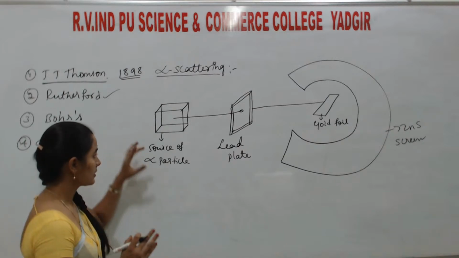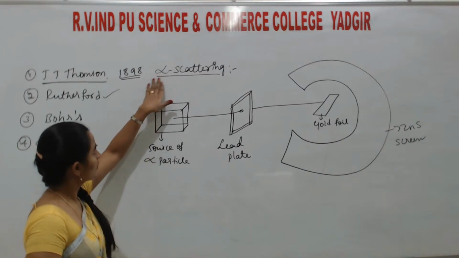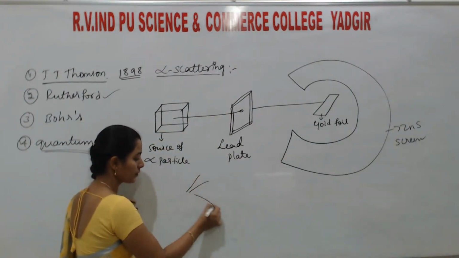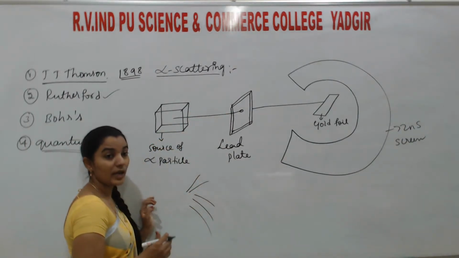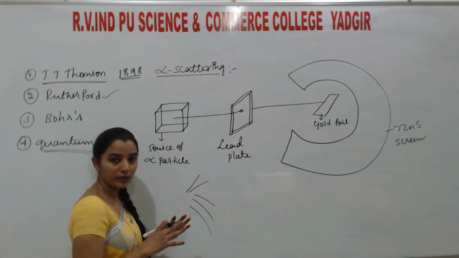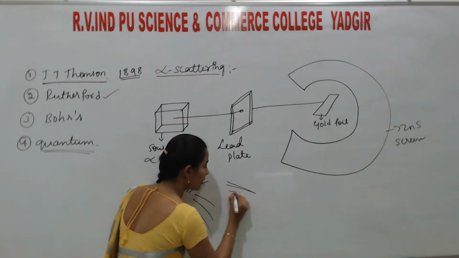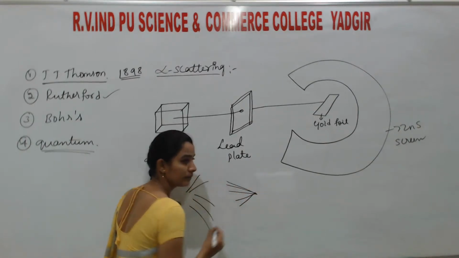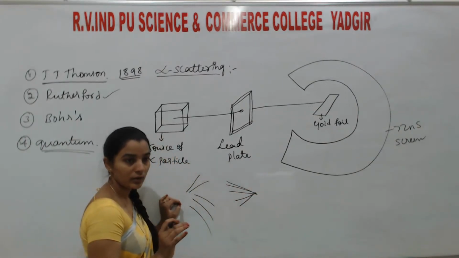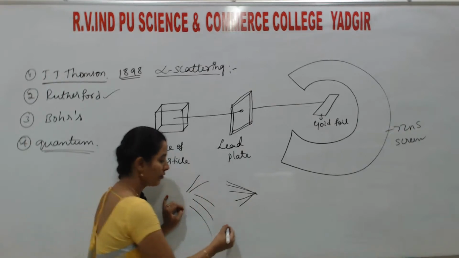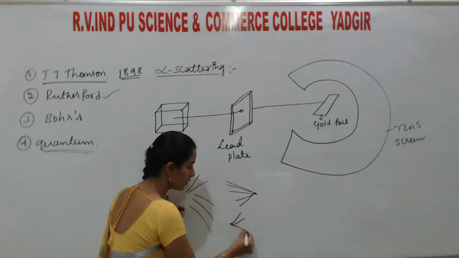So what happens here is alpha scattering. Scattering means this type of spread. Convergent means the light rays are focused at one point. Divergent, you know, is scattering: from one point they diverge like this.